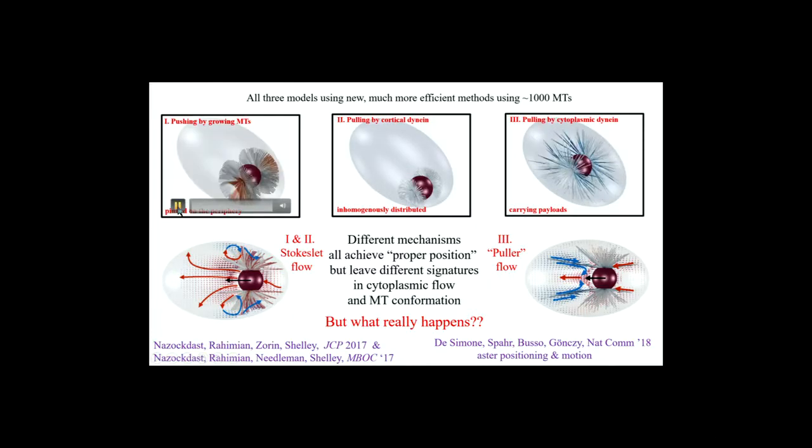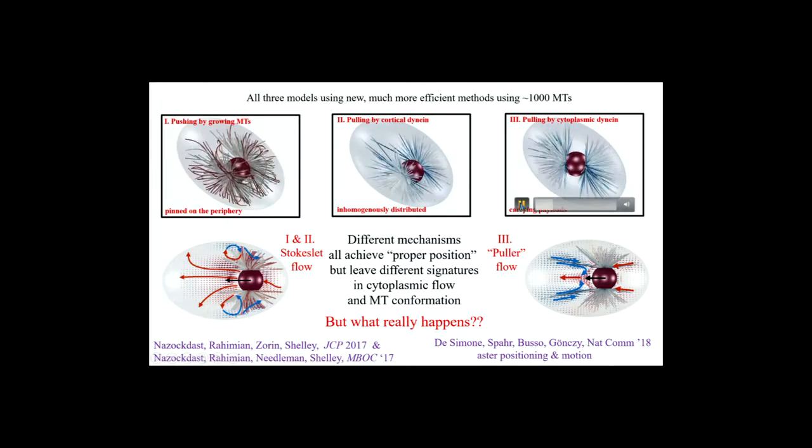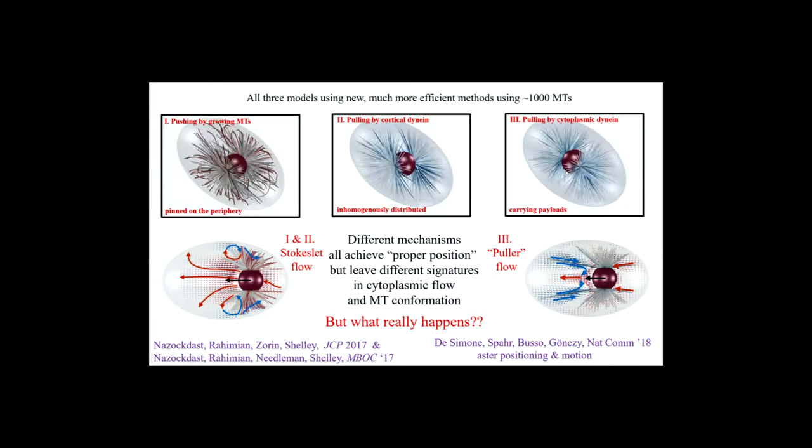I showed you one of them, of these different models of things being moved around inside of cells. So these are 3D simulations inside of a cell of order of 1,000 microtubules interacting with motors and boundaries and pushing against things by polymerization forces.